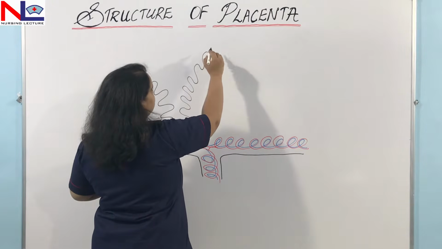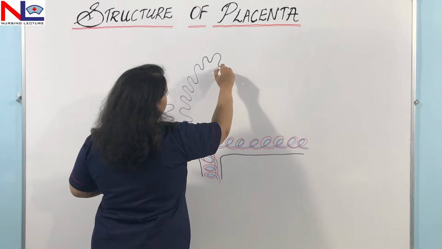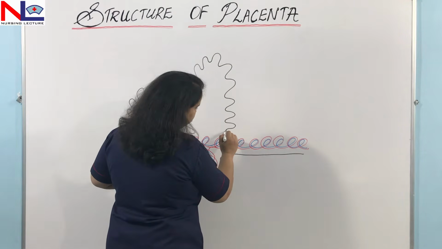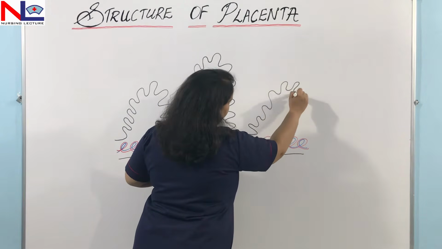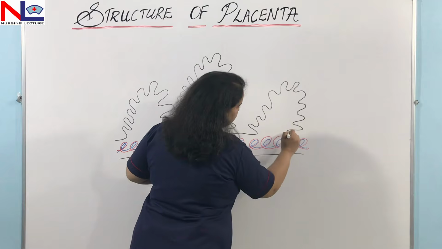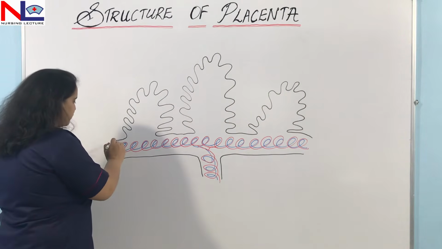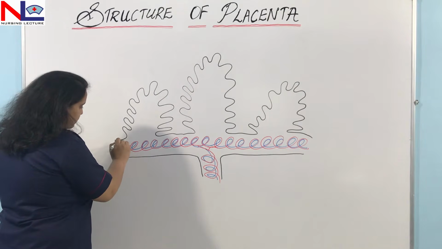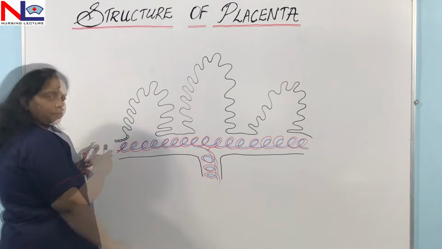It is the middle part in this placenta. Okay, so here it is the cytotrophoblast. As you know, cytotrophoblast is the mononucleated cells.